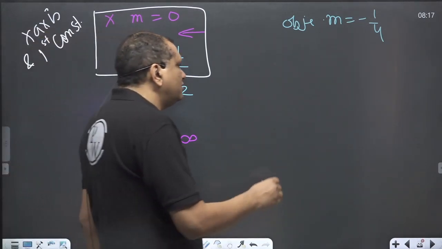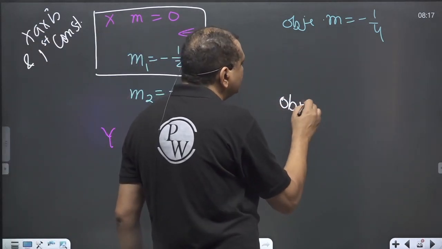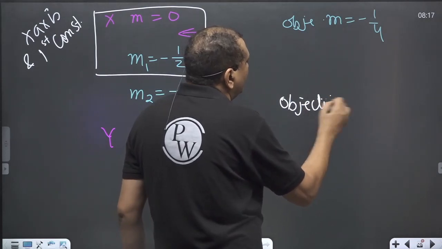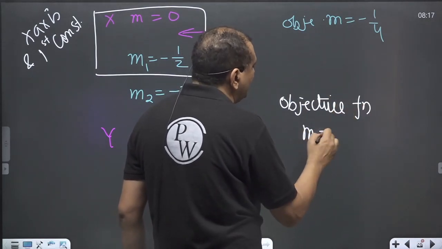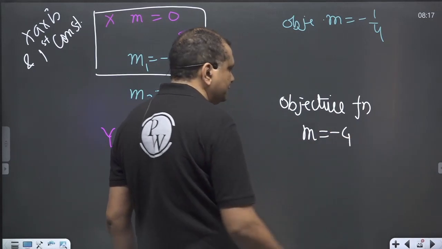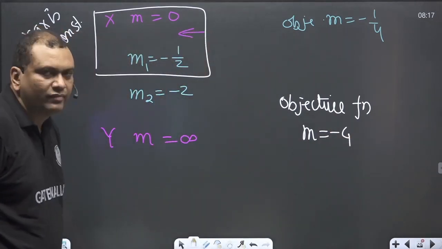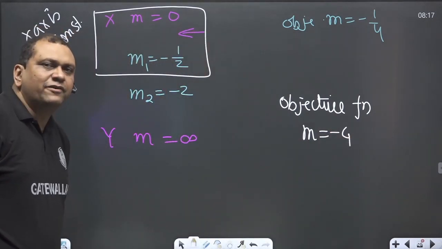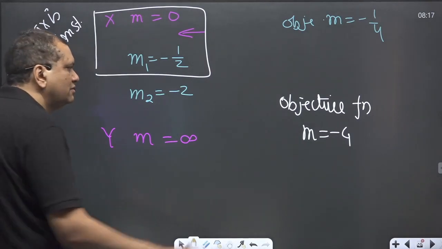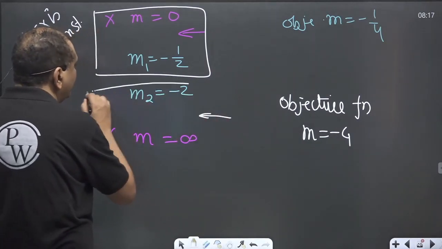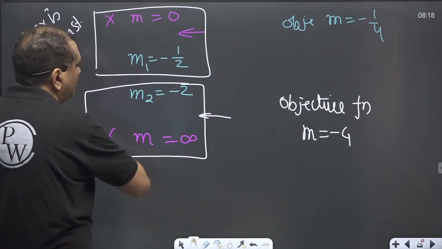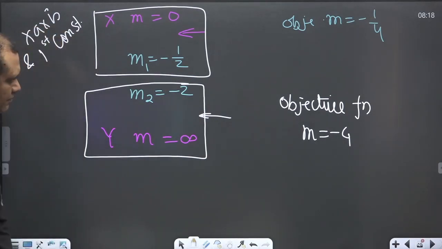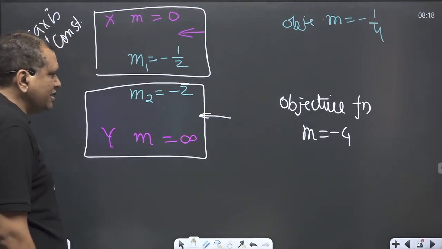Let us say the objective function slope is minus 4. It means it is appearing here. You know, what does this indicate?